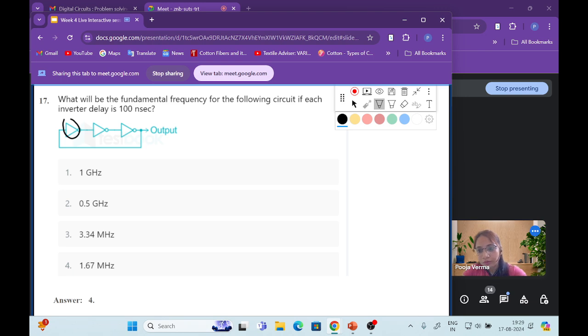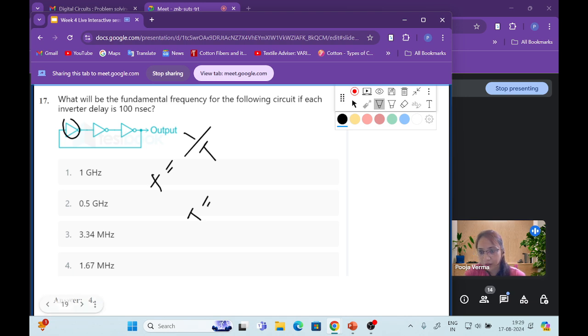Already we know that the fundamental frequency is represented by f, and it is 1 by T. T means time period, right? And the fundamental frequency is inversely proportional to the time period. In a digital circuit, if that type of question is there, then T we will get by this formula.